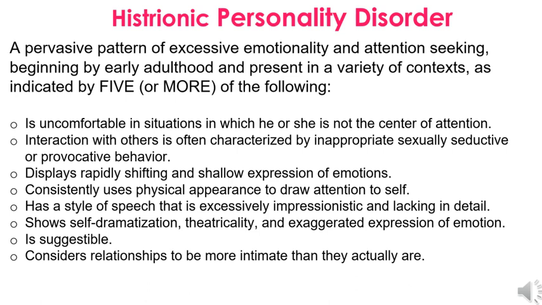Consistently uses physical appearance to draw attention to self. 5. Has a style of speech that is excessively impressionistic and lacking in detail. 6. Shows self-dramatization, theatricality, and exaggerated expression of emotion. 7. Is suggestible. 8. Considers relationships to be more intimate than they actually are.